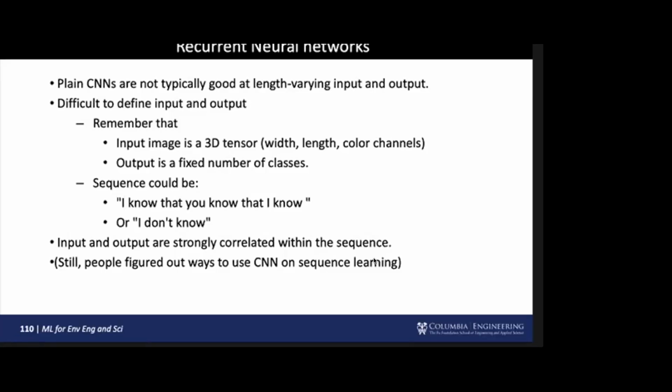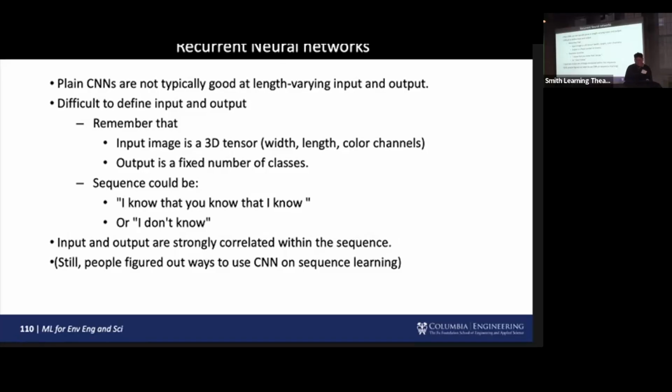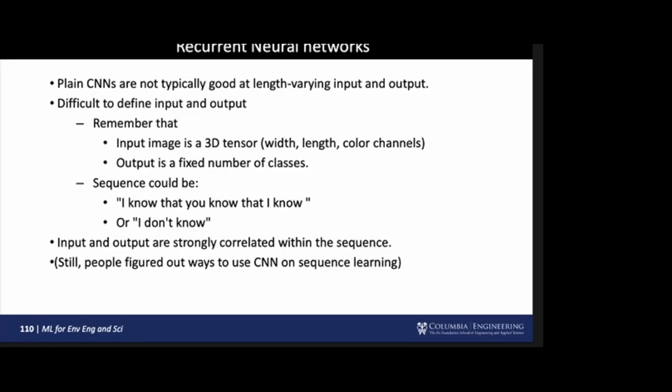However, in reality a sequence can be anything, from a short phrase to a much longer sentence, like 'I know that you know that I know.' The sequence is important, and in these sequences the data points are strongly correlated with each other. Even though people have found ways to make CNNs work for sequences, RNNs are often the preferred choice.